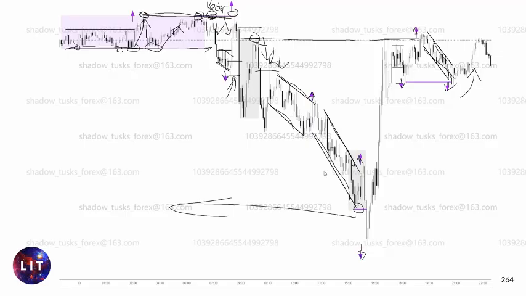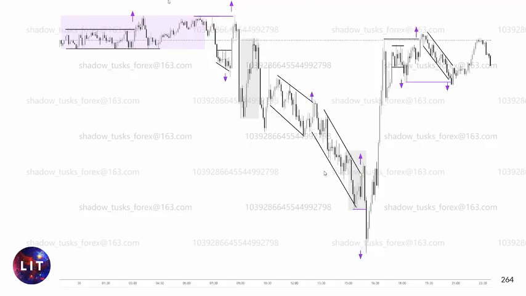Right, so we should have a pretty good understanding of this. Obviously also these points here and here lie on Asia high and low, so when we see the breakout of this, people are triggered into their buy stops. Breakout of this, people are triggered into their sell stops.